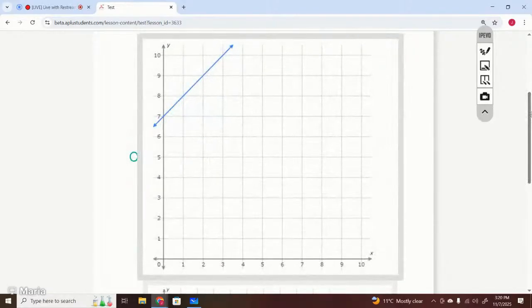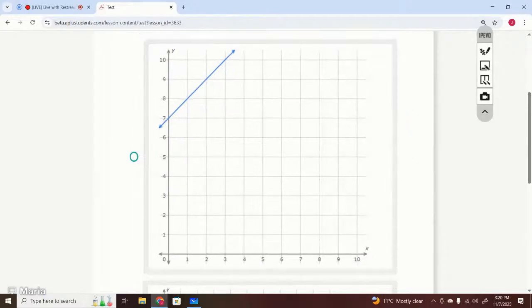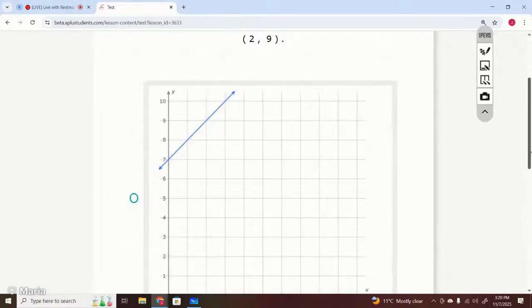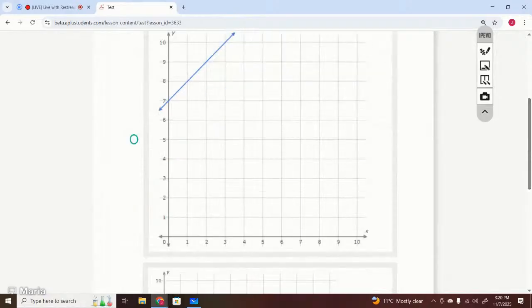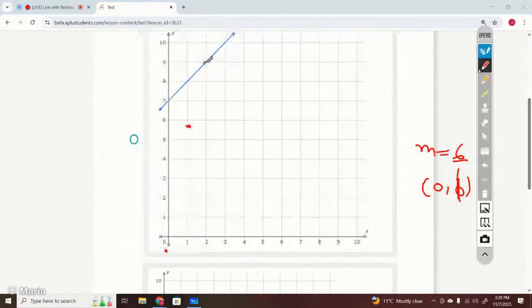Here is the point 2, 9, right? And the slope is 1. Here is the slope. Go up 1 point, right 1 point. Here is the other point. Option number 1 is the correct option.